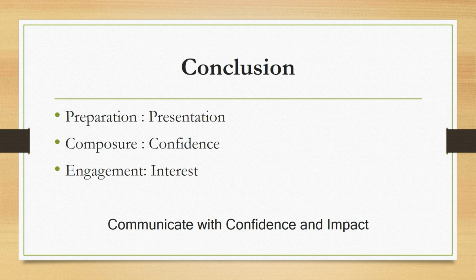It is not a one-way monotonous delivery, but something which involves the audience as well, and that will ensure that it is interesting. So: preparation, presentation, composure, confidence, engagement, and interest. If we can ensure these, then we will be able to communicate with confidence and with impact.